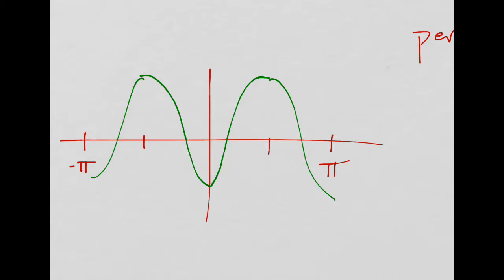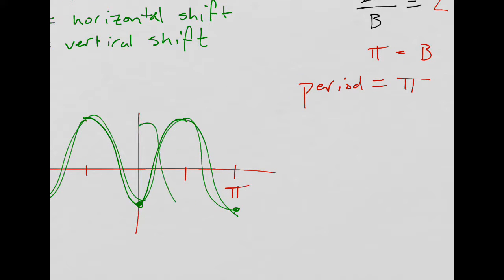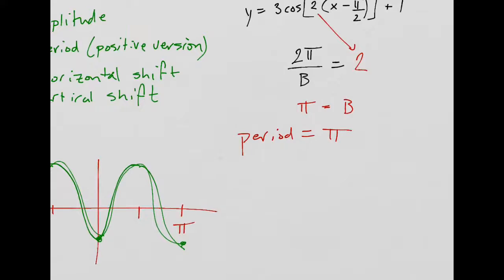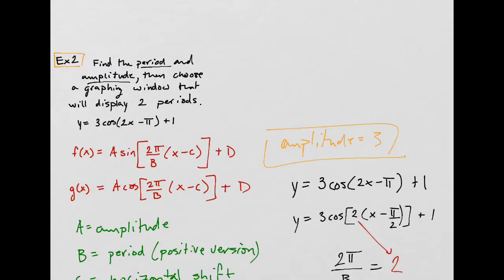So this is still displaying 2 periods because I start here and then I end back up there. So that's 1, and then I do it all over again, 2. So this still displays 2 periods, even though it doesn't start out like the normal cosine. It doesn't have to look normal. So all you're doing is stating the window to be from negative pi to pi, because that's just the period. There you go. Hopefully that makes sense.